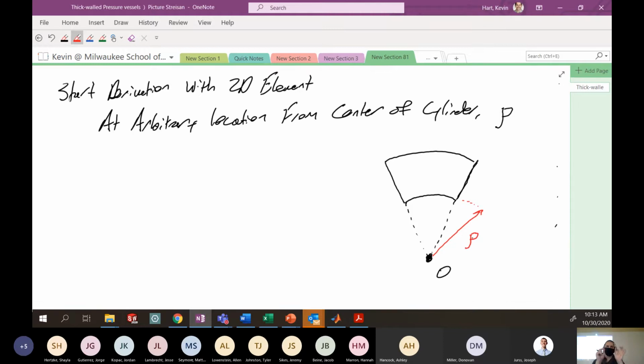For our derivation, since this is a differential element, we're going to assume that it has differential dimensions. And so the distance out to this location, if this is rho, I'll call this rho plus d rho. All right, so that means that this side length has a length of d rho. It's the length of this portion of the element.